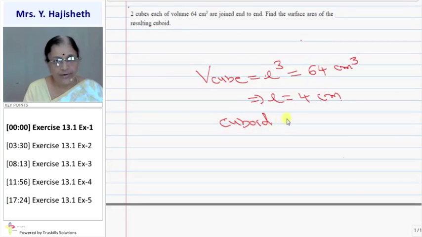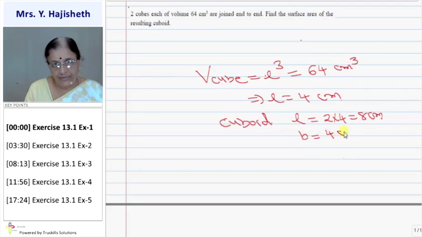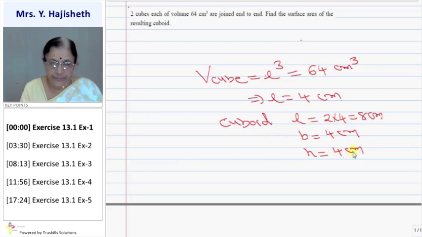It forms a cuboid with length L equal to 2 times 4, so 8 centimeter. B is 4 centimeter and H is also 4 centimeter, okay?